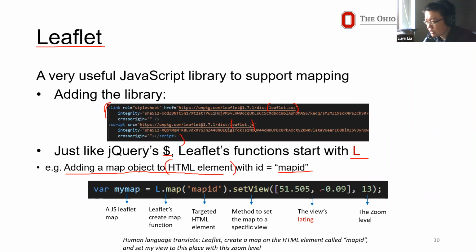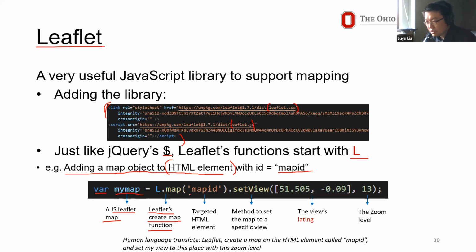So here, this is the code. I like to break things down. First, we have a variable, right? We define this myMap variable, which will be our future Leaflet map. And what is this myMap thing? We define it with L.map, the function to create a Leaflet map element, right? So where do we create it?